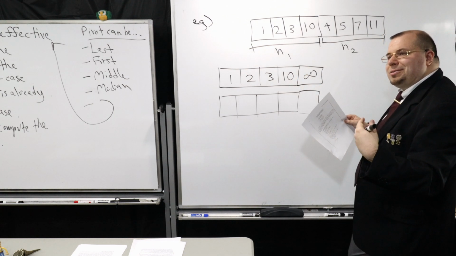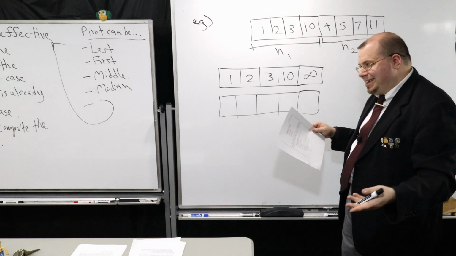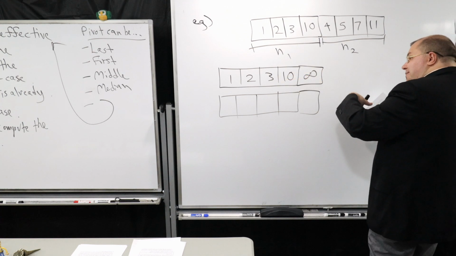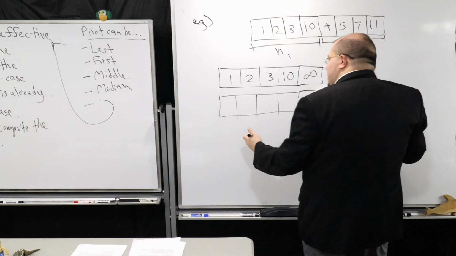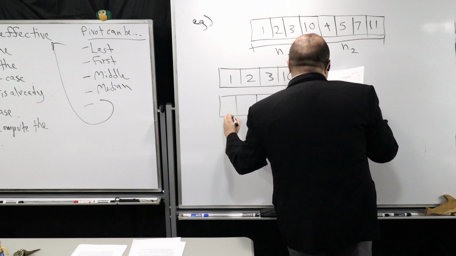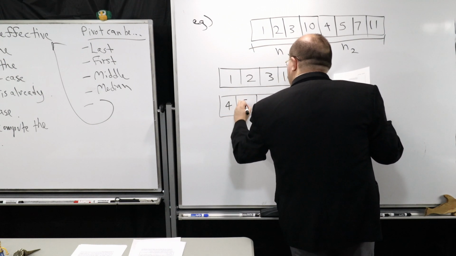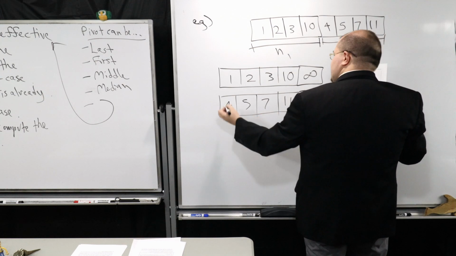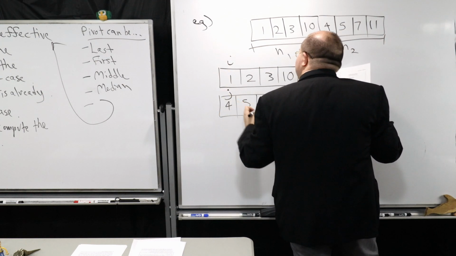This is a value there to make it easier for me to implement this, such that I don't have to worry about it going off the end of the array. And you're going to see I'm going to keep track of 2 fingers that work like this. So I'm going to have 4, 5, 7, and 11. And I'll have 2 fingers, an I and a J.